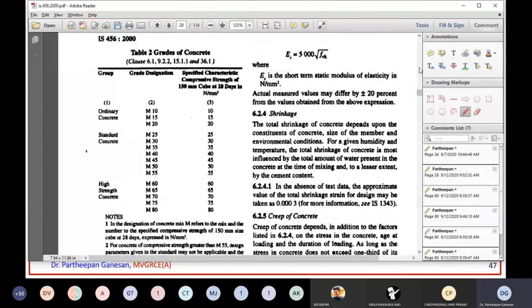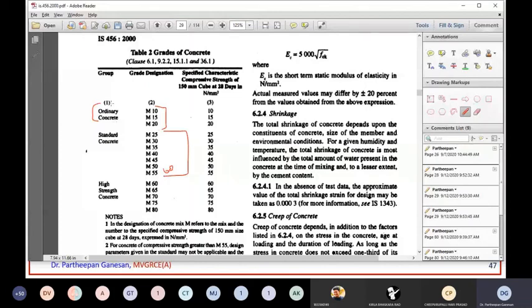here are the grades of concrete. Ordinary concrete varies from M10 to M20. For standard concrete, they have changed the code with one more amendment, so M60 also comes in this category.